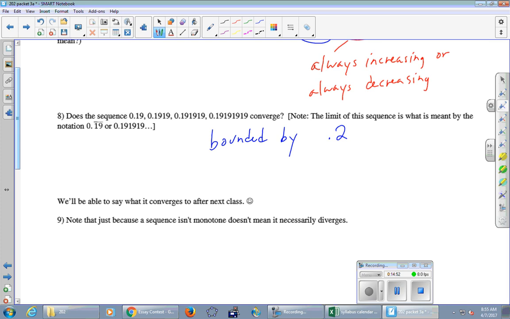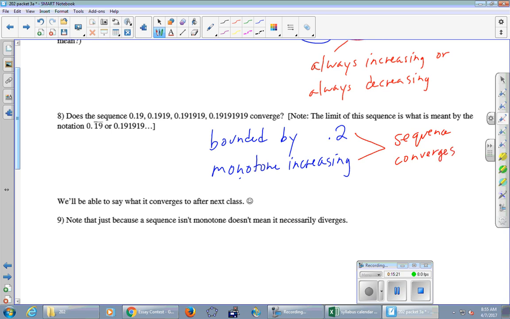And is it always increasing? Every term is just a little bit bigger than the previous one. So we can say monotone increasing in this case. And these two things together tell me definitely that sequence converges. It hones in on a single finite number. I don't know what it is yet. We'll talk about what it is next class, but it converges for sure.